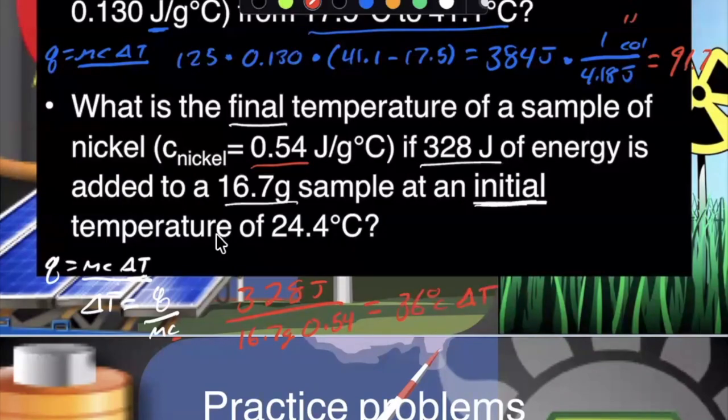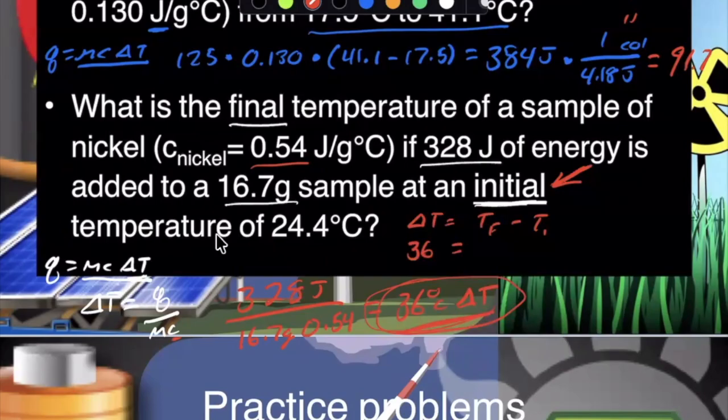Be careful, this is not the final answer. Remember, delta T equals temperature final minus temperature initial, and we want temperature final. Now, because we did this math, we now have a delta T, which is great. So temperature final is X, minus temperature initial, which is 24.4.